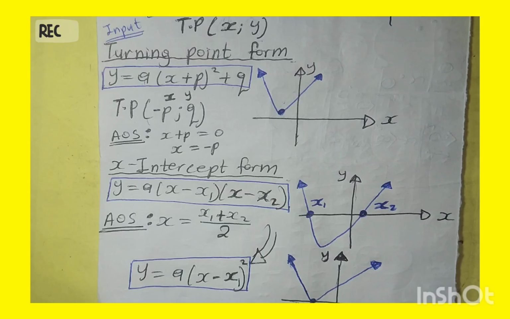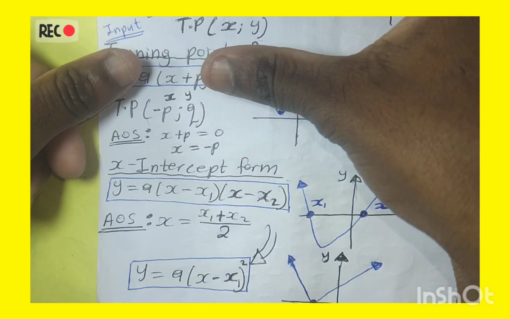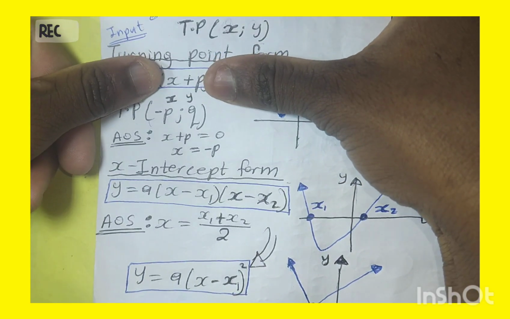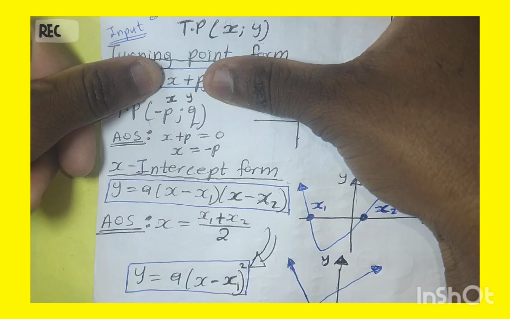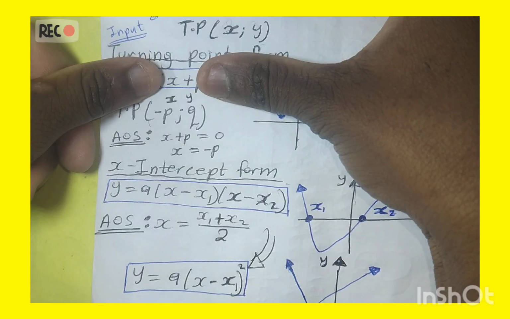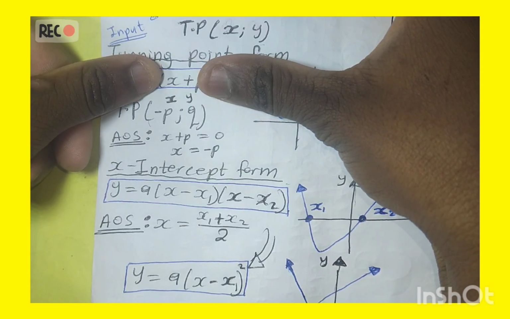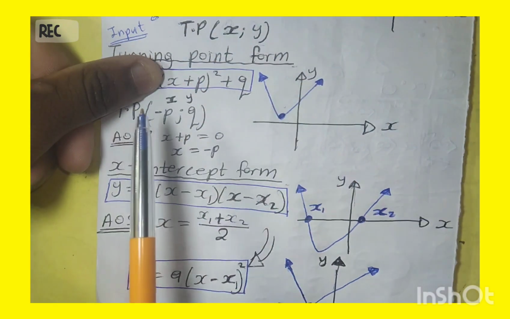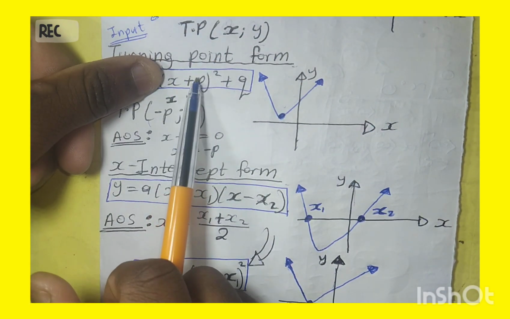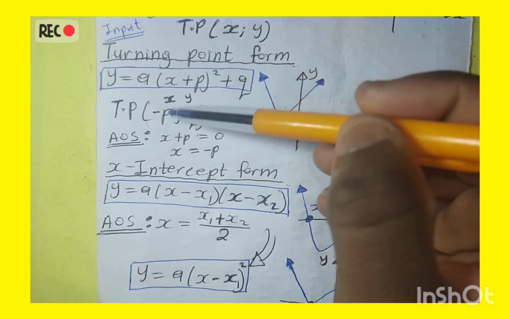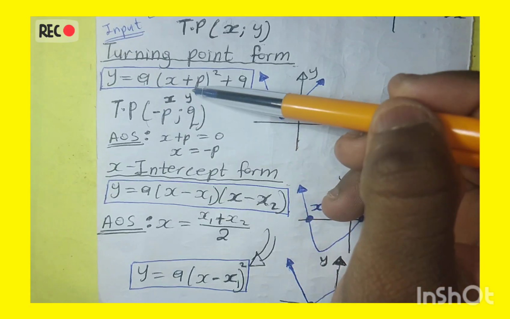But when it comes to the x value, we'll do something different. Do you notice that the thing associated with x is p? If I hide the other part, x plus p, the thing associated with x, guys, is p. And you should understand that in order to put it as a turning point, it will change the sign.